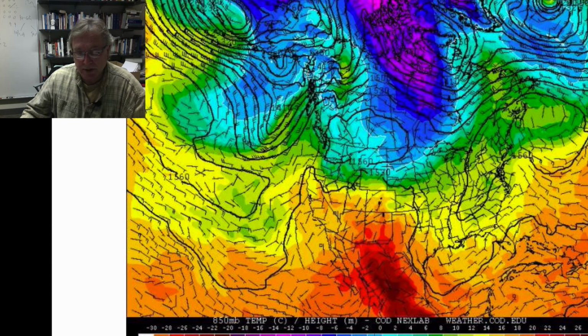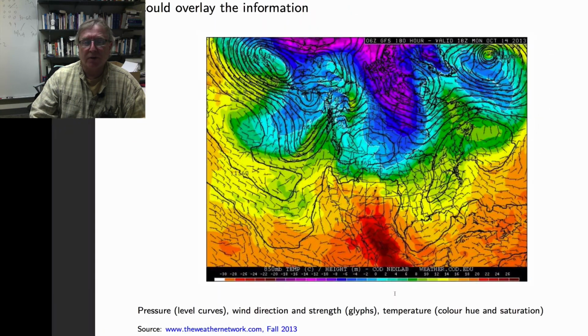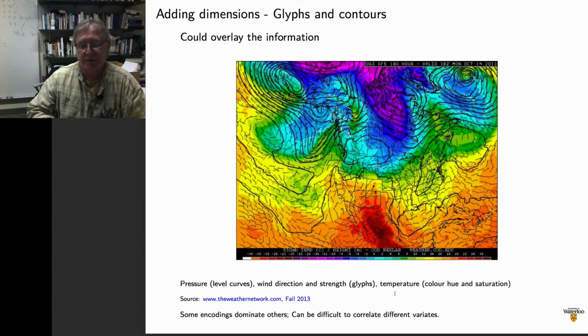And you see the colors being used up here. So up here in the Arctic, you're getting as low as minus 10 degrees Celsius. And down here in the south around Mexico, you're getting high 22, 24 degrees Celsius. So a lot of information on top of that two-dimensional display.